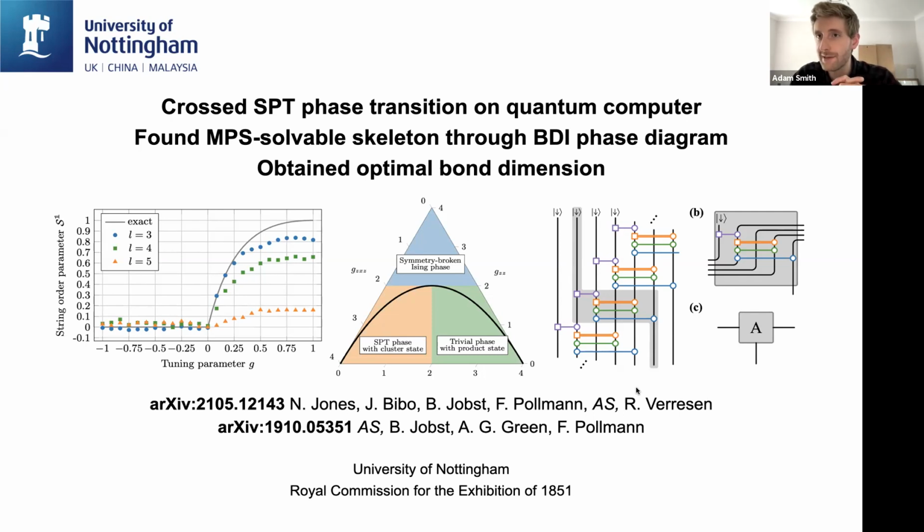We'll no longer have the same MPS solvability. By doing this, we can move more and more into the more physical parts of this phase diagram. So I'd say that's one use of this, as a starting point for simulations.